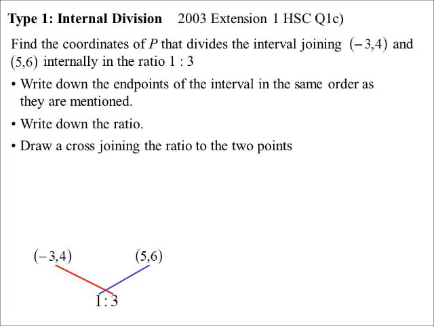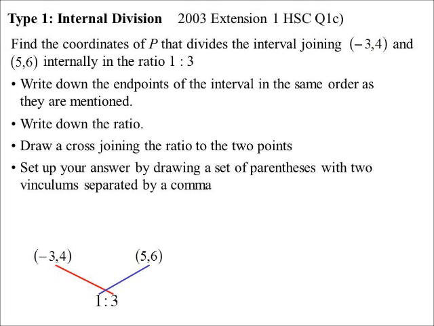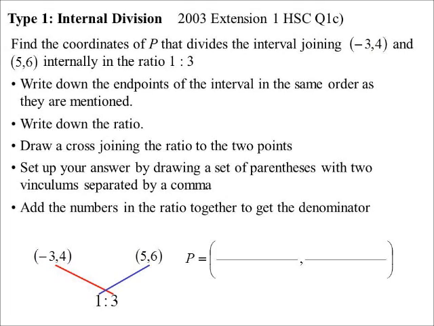So how do I get my answer? I draw a set of parentheses with two vinculums separated by a comma. A vinculum is a fraction bar. Now, the bottom of the fraction is very easy. I just add the two numbers together in the ratio, so on the bottom of my fraction, I've got, in this case, 4.